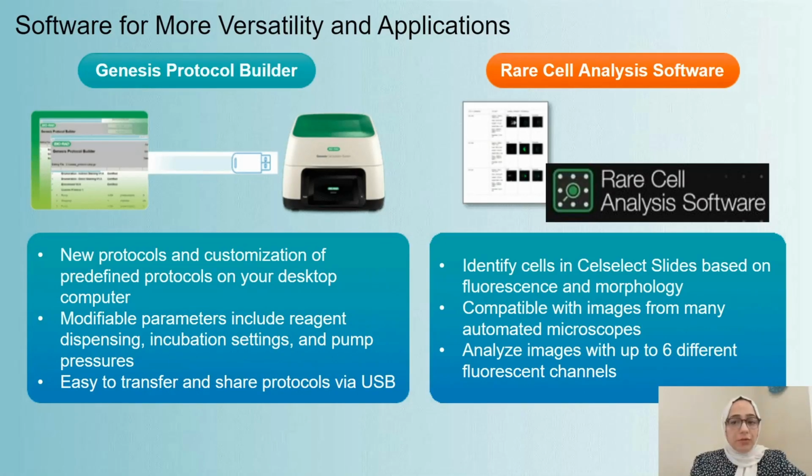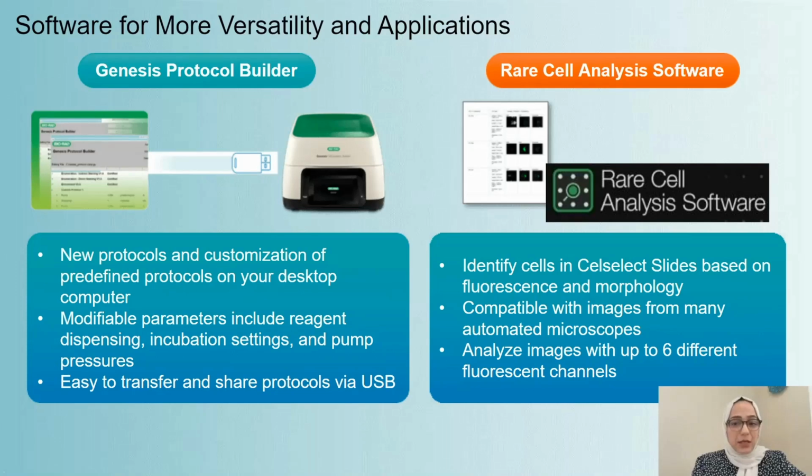The Genesis platform includes the protocol builder and rare cell analysis software, which are both available on the website. The protocol builder is a flexible tool that can be used to customize system parameters such as, for example, reagent dispensing, incubation time, pump pressure, temperature, and etc. This makes it easy to develop and run custom protocols on the Genesis system.